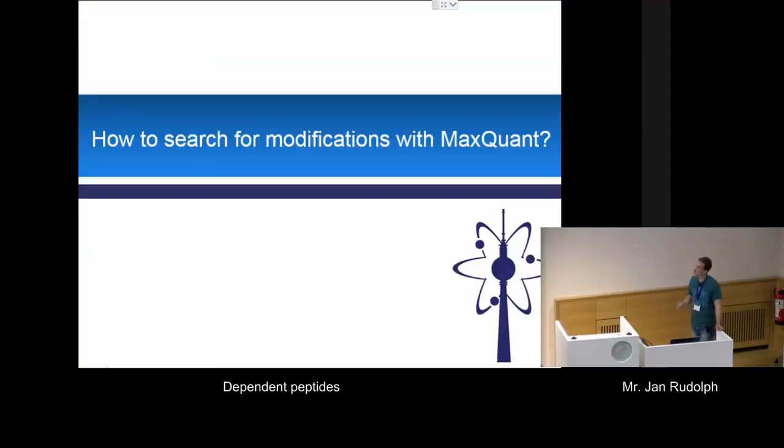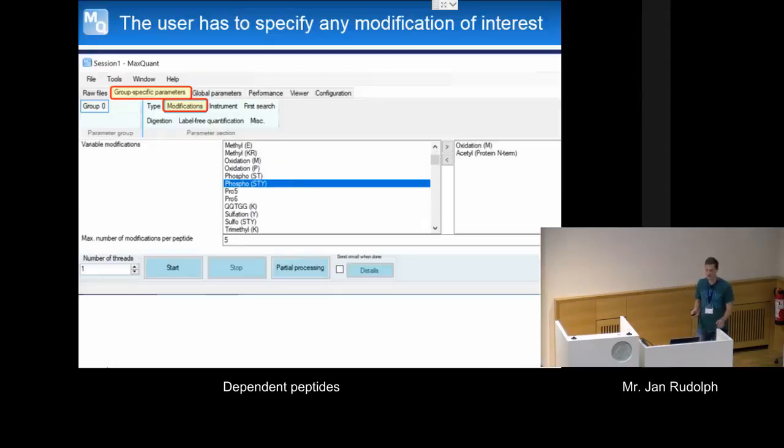Okay, so let's see how we generally search for modifications with MaxQuant. Inside your MaxQuant group-specific parameters, there's this modifications tab, and it has this table where all the variable modifications are listed. And these are exactly all the modifications that you configured yesterday in Andromeda.